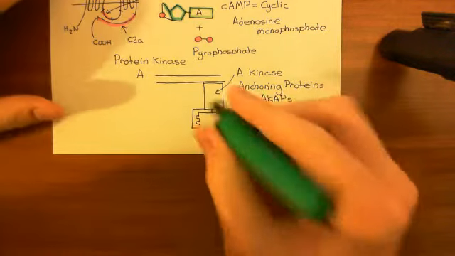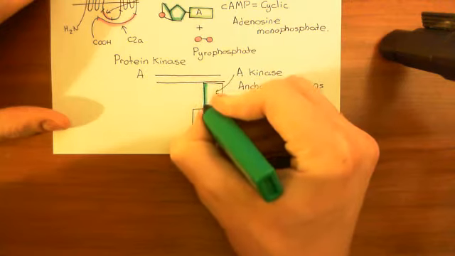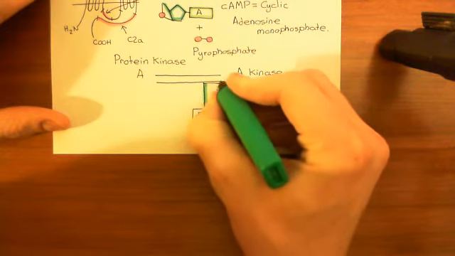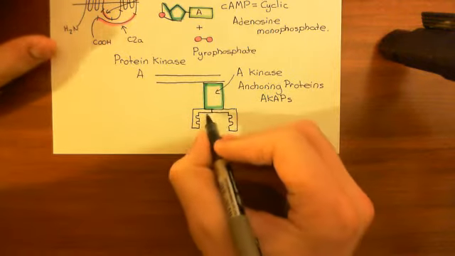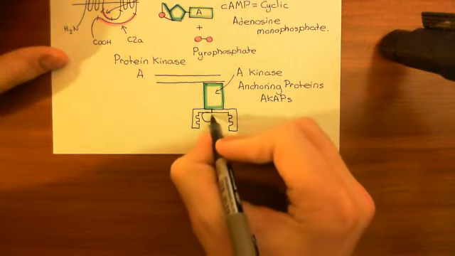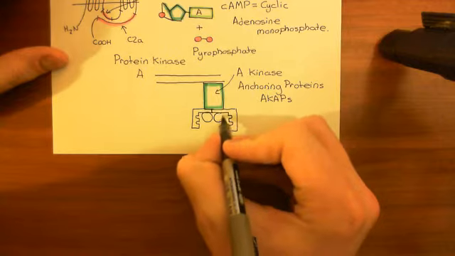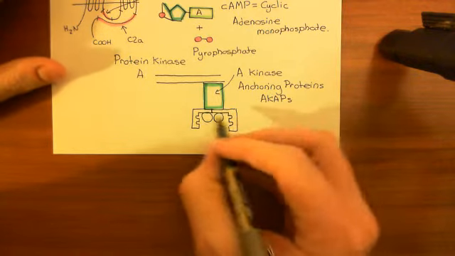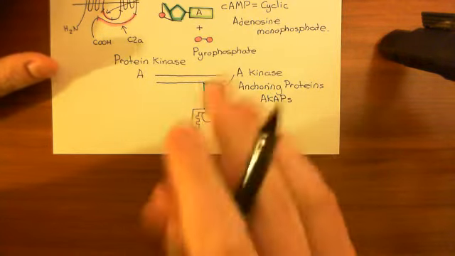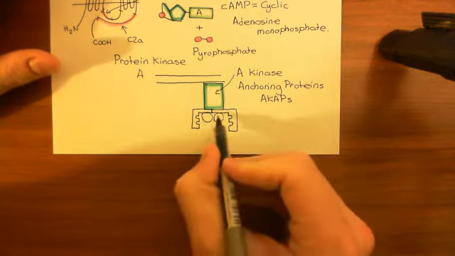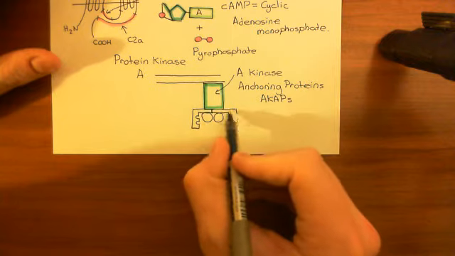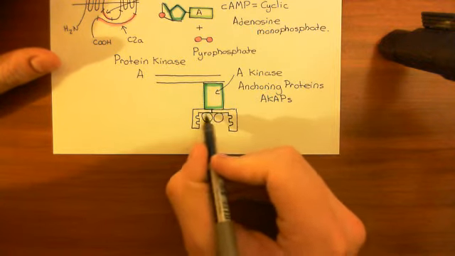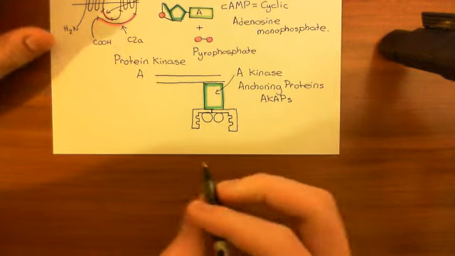Okay, so let's just try and put a little bit of colour onto this. In turquoise here, we have the A kinase anchoring protein. And here I am showing a type 2 protein kinase A molecule. Basically, all protein kinase A's consist of 4 separate proteins. We've got one here in this L shape, another identical one here in this L shape, and then 2 here which I've shown as balls.